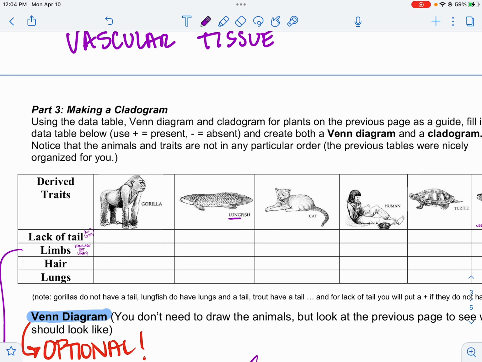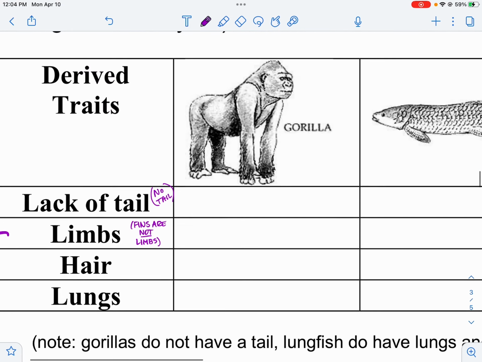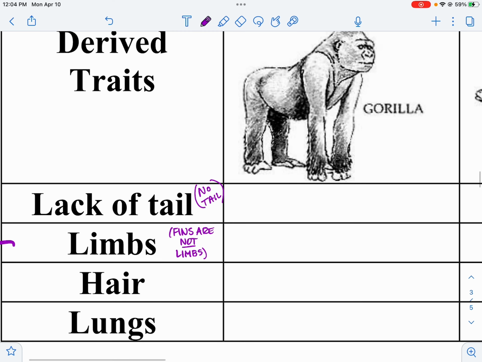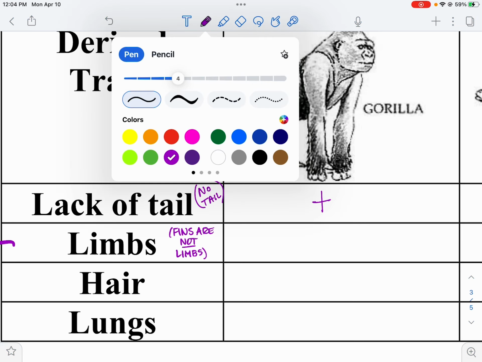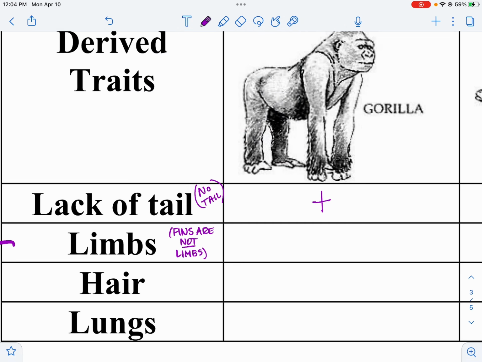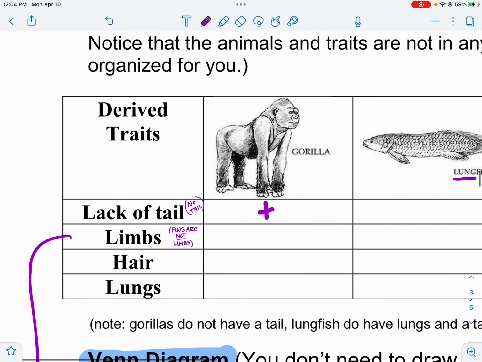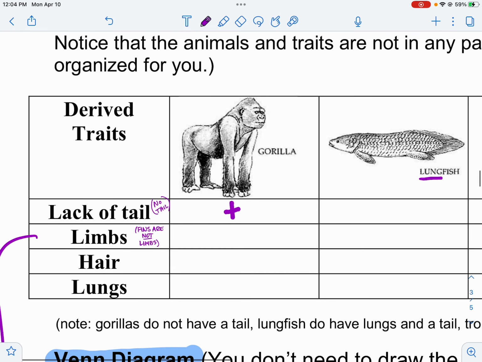All right, so gorillas have no tail. They lack a tail, so you're going to put a plus here. It's kind of weird because you're thinking about a negative thing, right? Gorillas have no tail, so they get a plus. Okay.